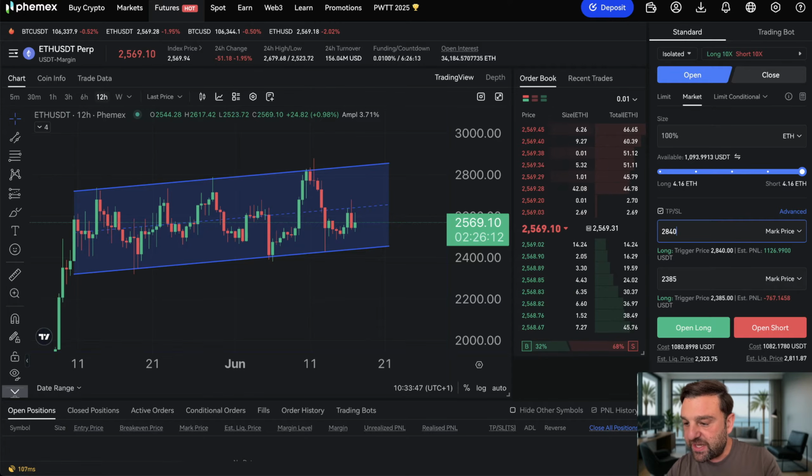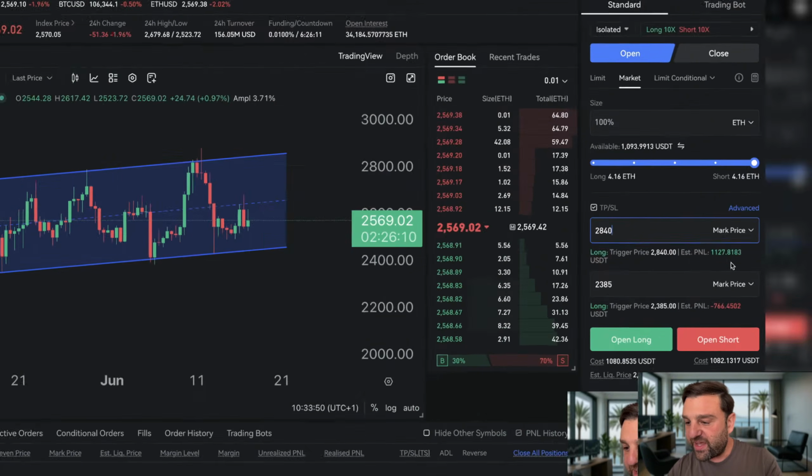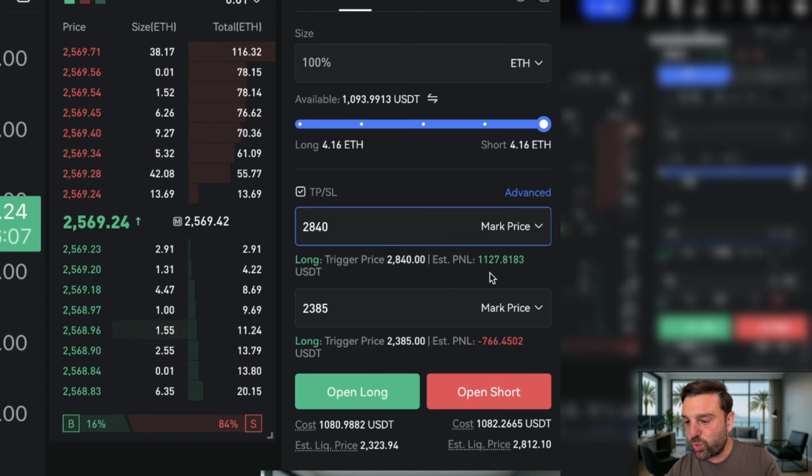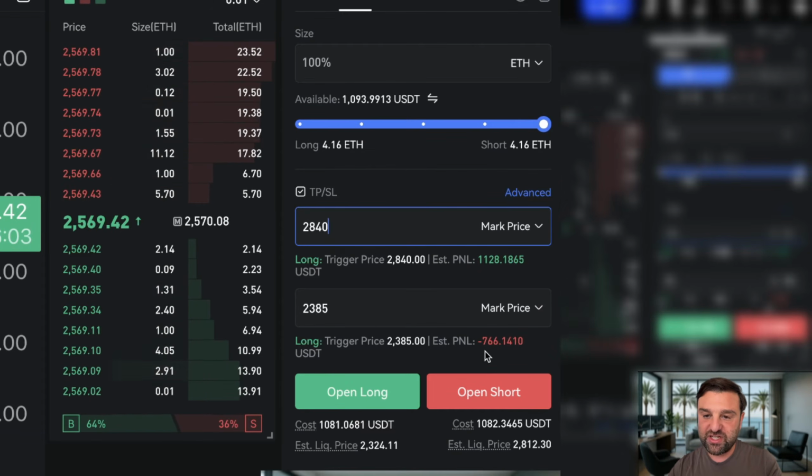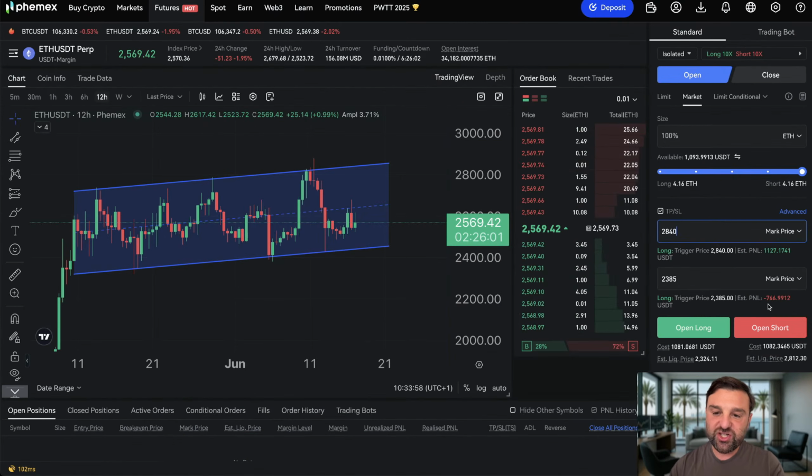And you can see here that our profit stands to be $1,127 against a loss potential of $766. So the risk to reward is positive, but ideally in normal situations, you want to look for better risk to reward. But this is more for the purpose of opening a trade.